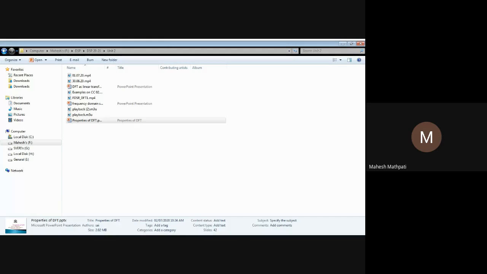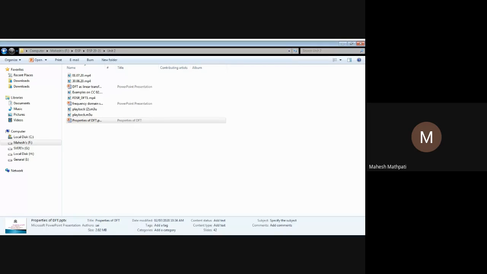Just note down the question. Let x of n be the sequence. x of n equals 2 delta of n plus delta of n minus 1 plus delta of n minus 3.